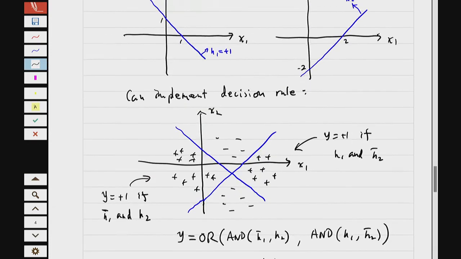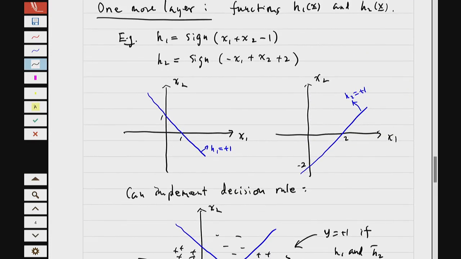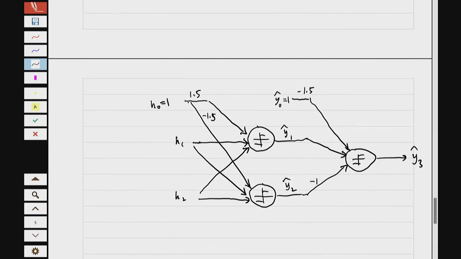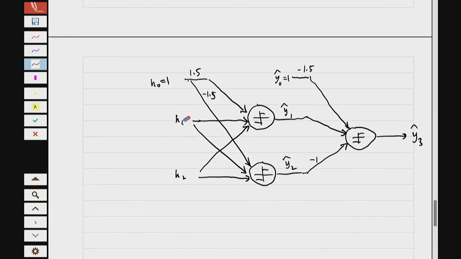Yeah. These two lines. Just have to draw these two lines. The perceptron, draw the perceptron for these two. Yeah. So again, they are both x's. So I'm going to erase this a little bit later. This is still going to be h1. Yeah. This is still going to be h2. Yeah. But now they are the outputs of perceptrons.